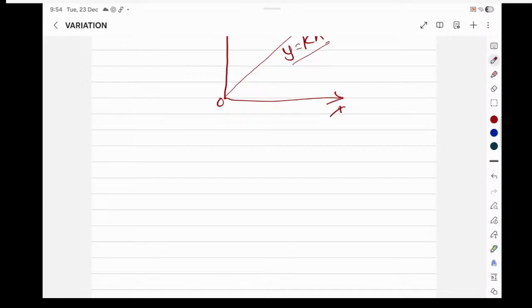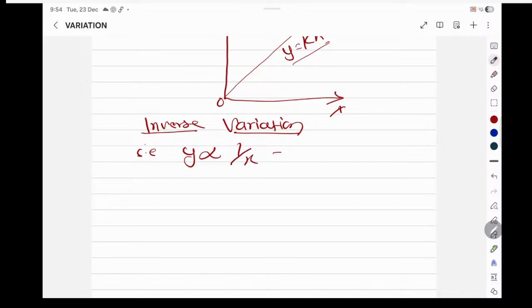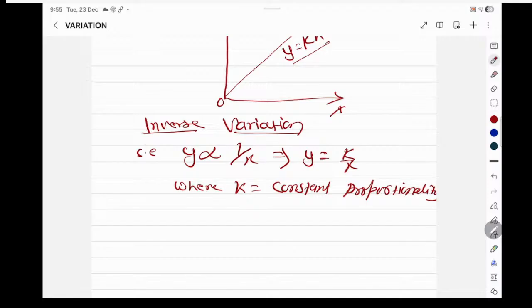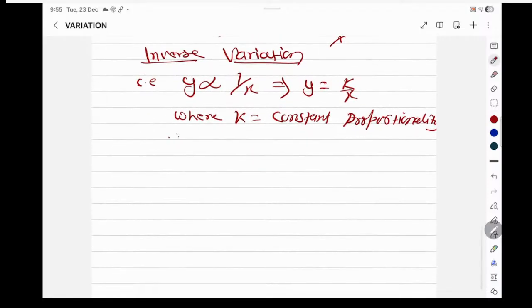And inverse variation is where y is inversely proportional to x, so y is equal to k over x, where k is the constant of proportionality, so k is equal to y times x. Now the graph looks like this.